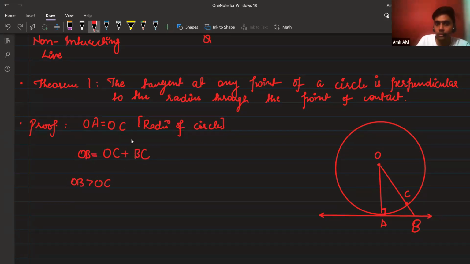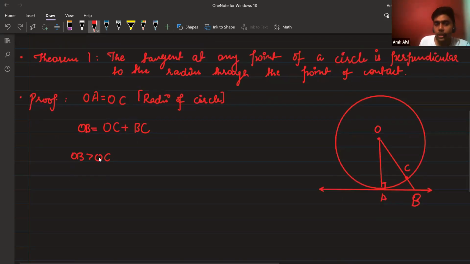Yes or no? So if OB is greater than OC, it will also be greater than OA, because OA is equal to OC. Yes or no?